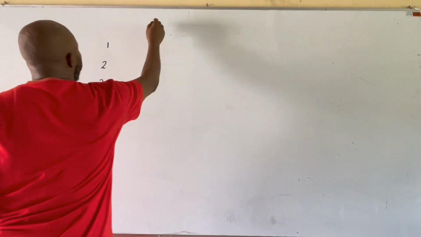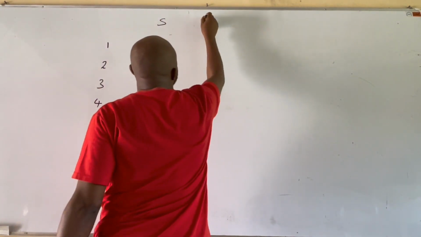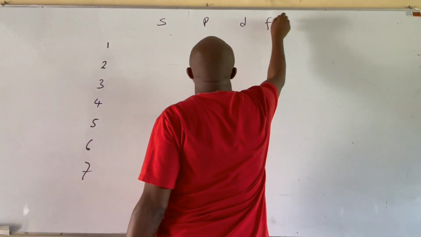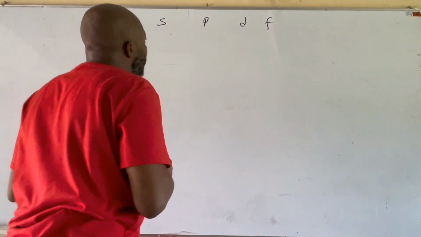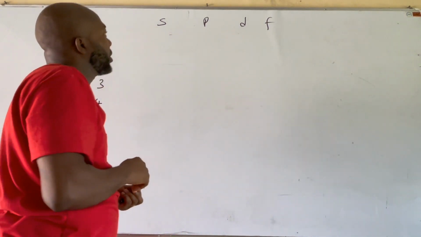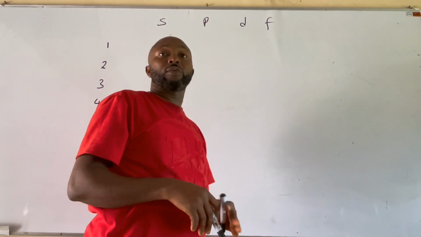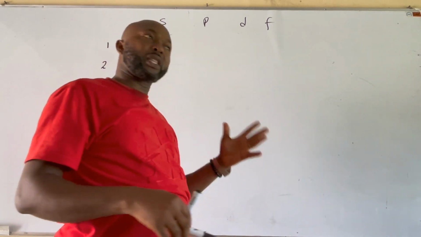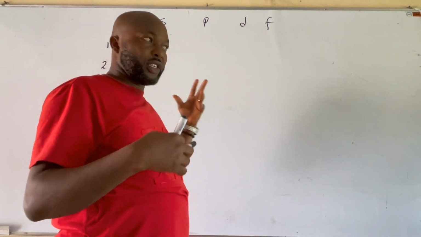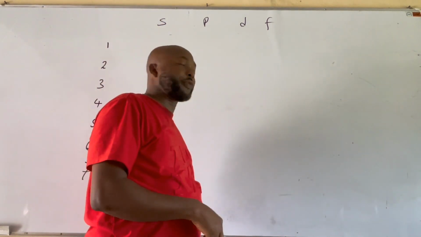Then we have what we call the SPDF: the S block, the P block, the D block, and the F block. So this also covers technically all the elements, being metallic, non-metallic, the transition metals, and so on.